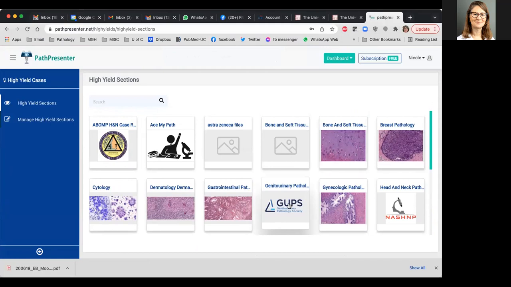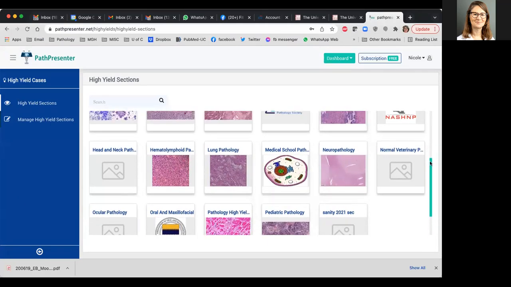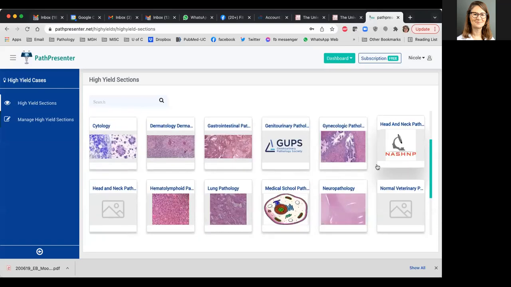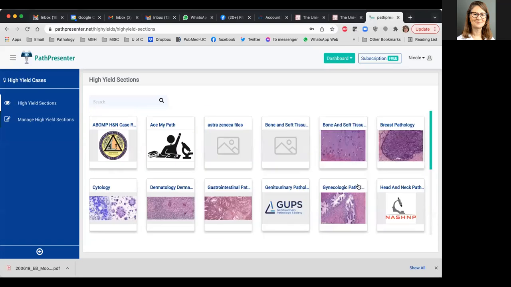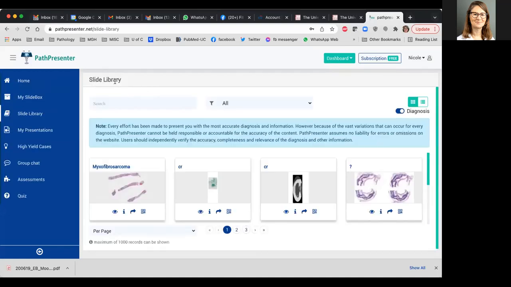For example, the GU Pathology Society even endorses the GU ones. The Head and Neck Pathology Society endorses the head and neck ones. So these high yield cases are more trustworthy than just the public slide library.